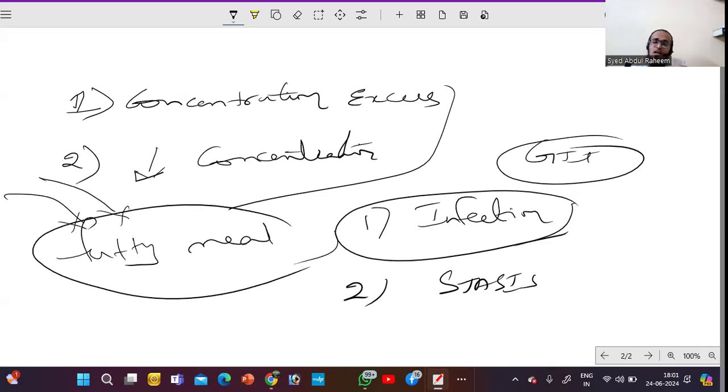So what will happen? A large amount of bile juice will be stored in the gallbladder. Later on, it will convert into stones, hard substances.